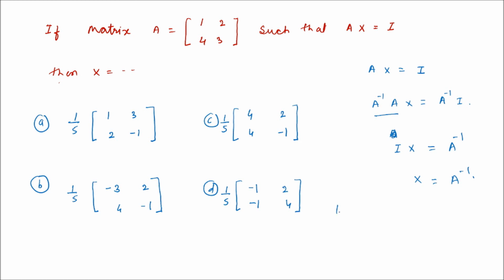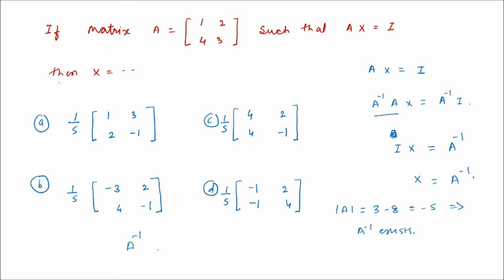So let us find the determinant of A. What is the determinant of A? 1 into 3 minus 8. So this is equal to minus 5. This implies inverse exists.